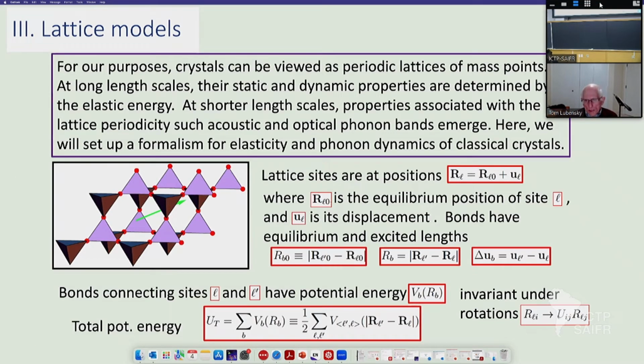Of course, now I'm talking about that this is not a local rotation, it's a global rotation. So the total energy is the sum over all the bonds of the energy in the springs. And so I only get a contribution when I stretch or compress the springs. And we can write that as a half the sum over all sites l and l' of the energy of the bond. That b is an l'l, and it depends only on the magnitude of the difference between R_l' and R_l.